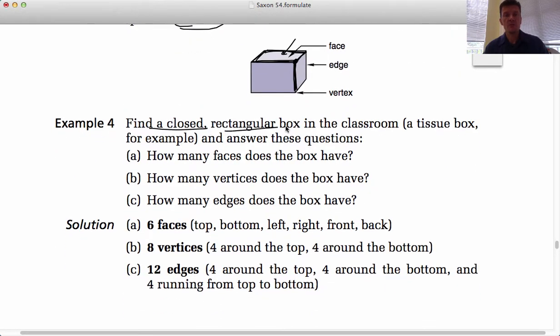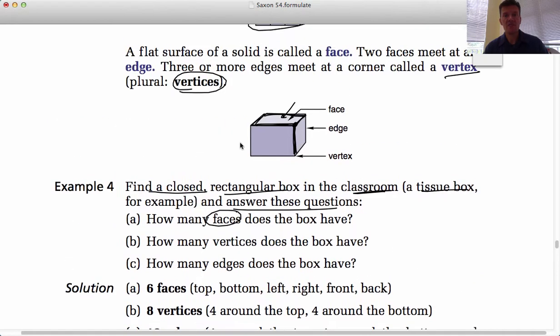Find a closed rectangular box in the classroom, maybe a tissue box or something like that, and answer these questions. So, how many faces does it have? Well, if it's a box like this, it has a front. And by the way, let's just group these together because the front and the back are going to be identical. So front and back. It has a top and a bottom.